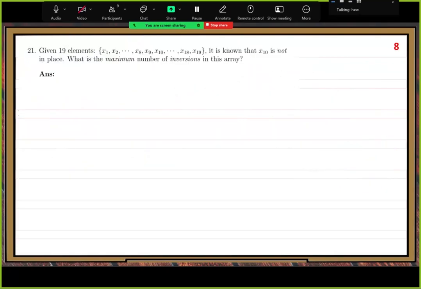Question number 21. Given 19 elements, it is known that x sub 10 is not in place. You know the meaning. So if we sort it, you have to move x10.